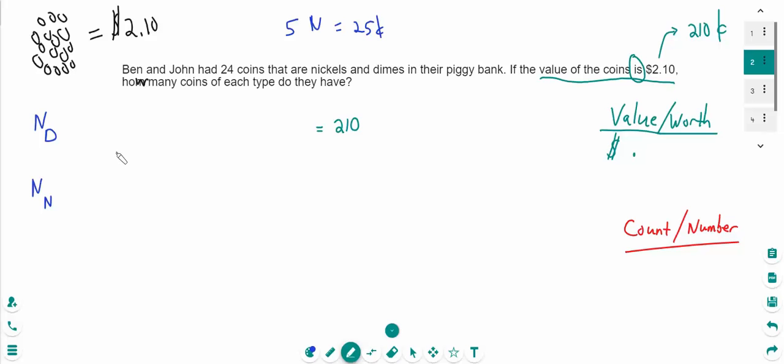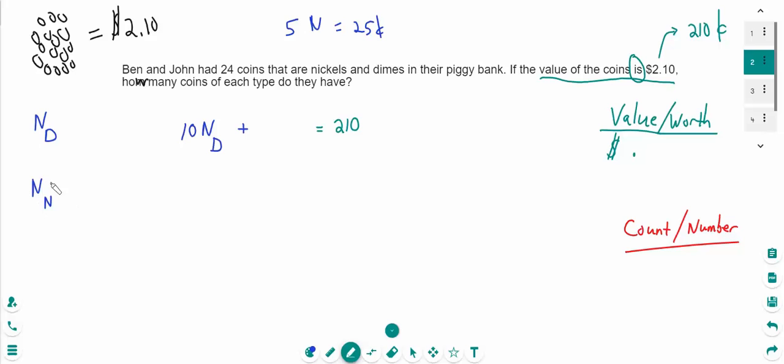So to find the value of coins, we simply count them all up and multiply them by their value. The number of dimes, we don't know how many there are. They didn't tell us that. That's why it's a variable. But if I wanted to calculate the value of the dimes in this problem, I would take 10 times the number of dimes. Do you see how that would give me the value for all of the dimes, however many there are? Now we're going to add to that the value of the nickels.